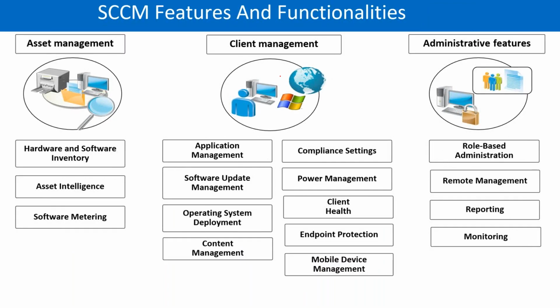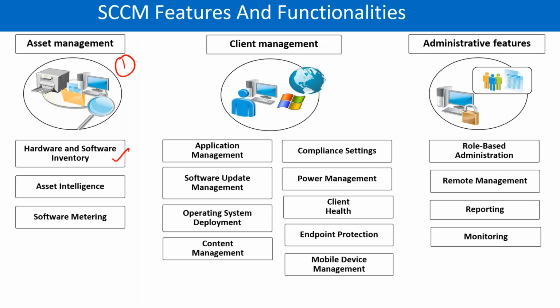Now we have SCCM features and functionalities. So SCCM can do many tasks. For example, asset management: hardware and software inventory details. Let's say you have thousands and thousands of machines and you would like to get what all software is present on that machine, what all hardware is present.